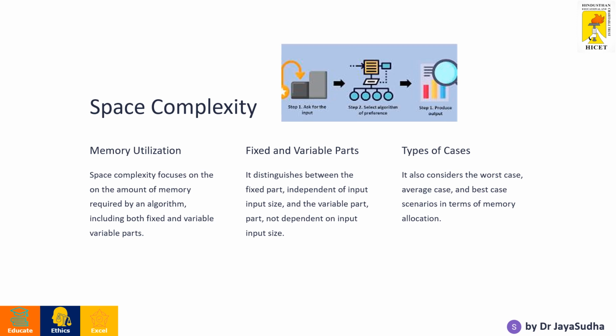Efficient use of memory is essential for optimizing resource utilization and avoiding memory-related issues such as memory leaks or excessive resource consumption. Data structures with lower space complexity are favorable as they consume less memory and enable efficient utilization of available resources, leading to better scalability and performance.